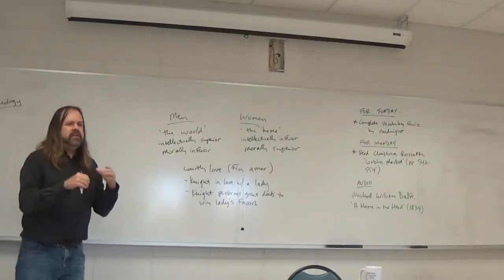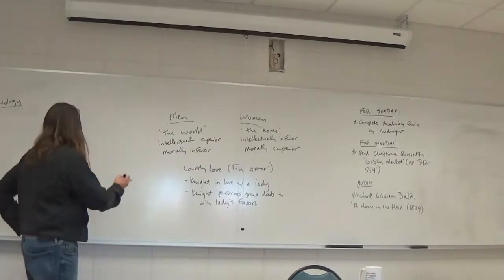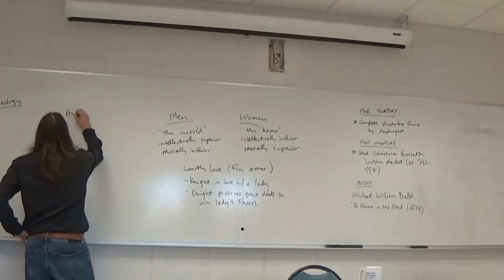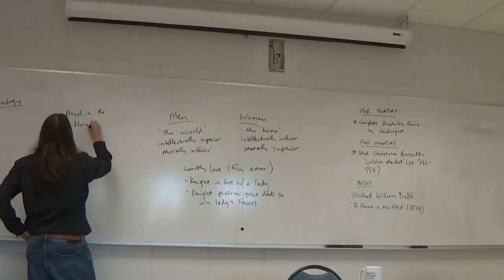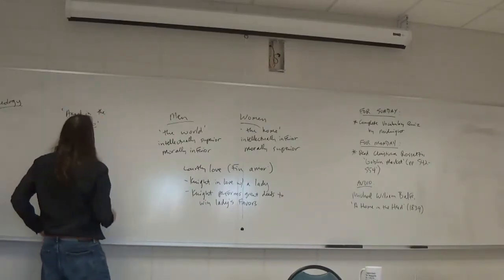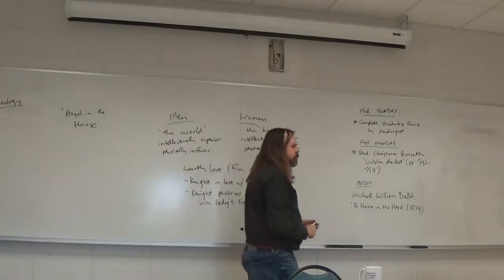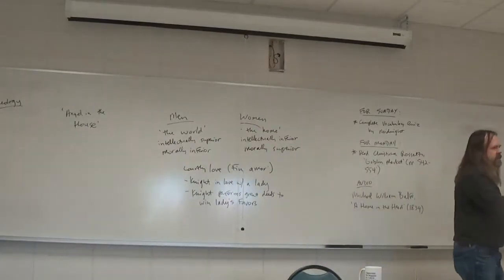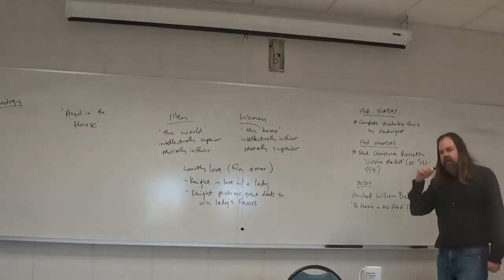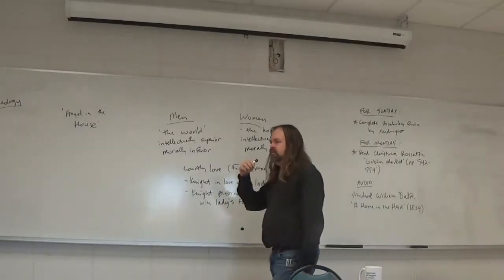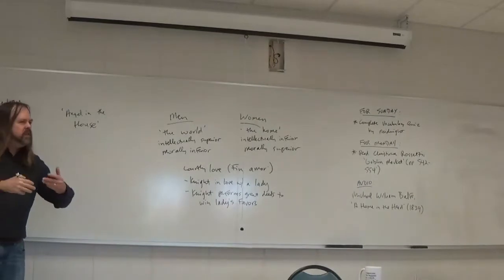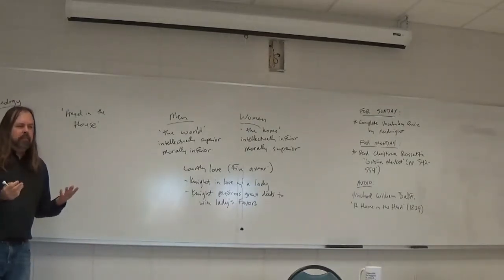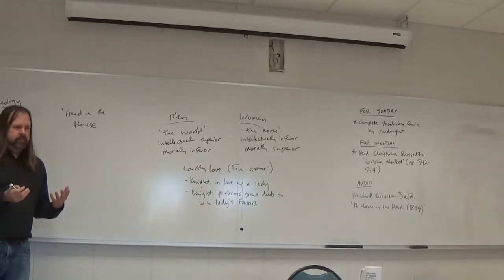And so this phrase, the angel in the house, from the early 1860s onward, kind of enters the Victorian vocabulary as a synonym for the perfect wife and mother.